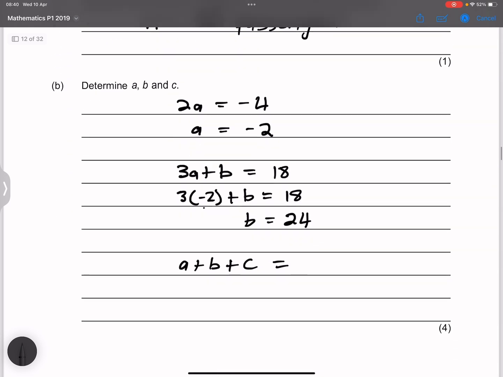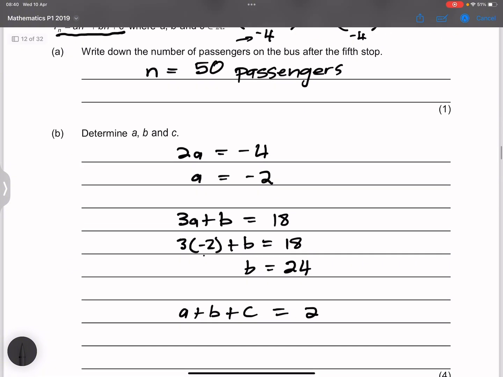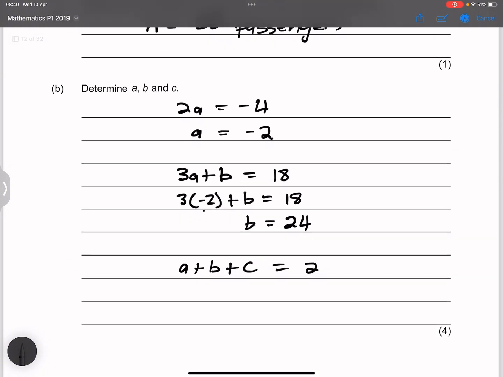So the first term of the sequence, there it is over there, that's 2. So in this case, we've got -2 plus 24 plus c, and this should be equal to 2. Okay, so if we take 24 minus 2, that gives us 22. If we take it over to the other side, right, 22, so that will be 2 minus 22, and we'll get -20. So that is the value of A, B, and C respectively.